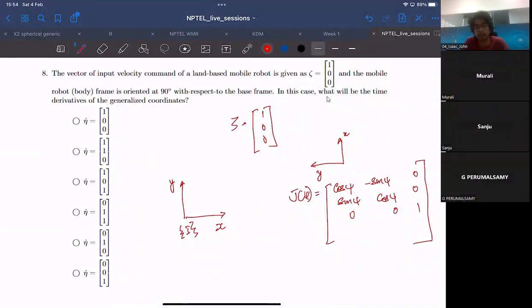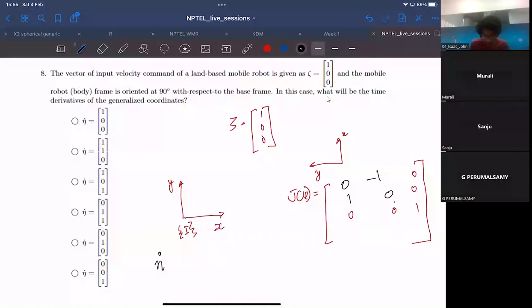So with regards to 90-degree counterclockwise rotation, if you substitute the value of 90 degrees for psi into this Jacobian matrix, it would be 0, minus 1, 0; 1, 0, 0; and 0, 0, 1. You are also given zeta, and you are required to find eta dot.